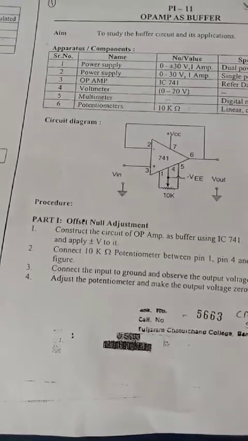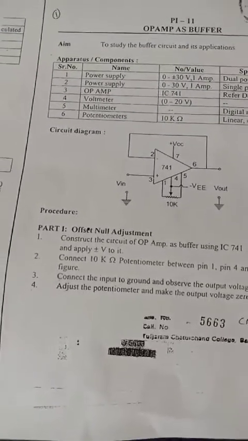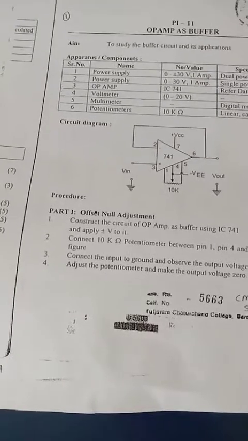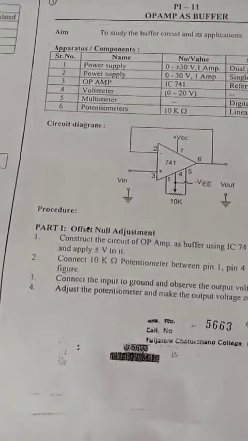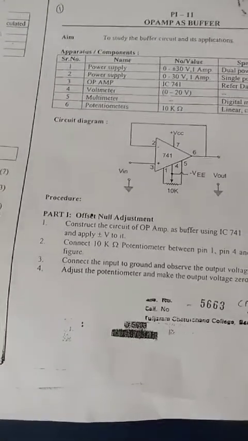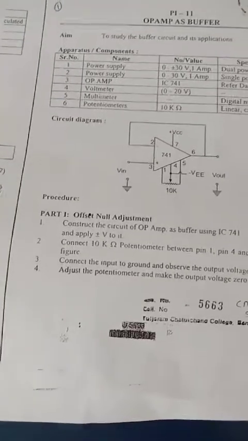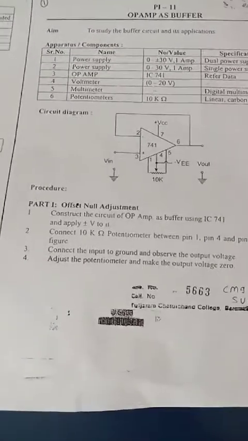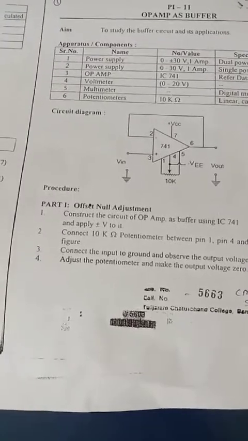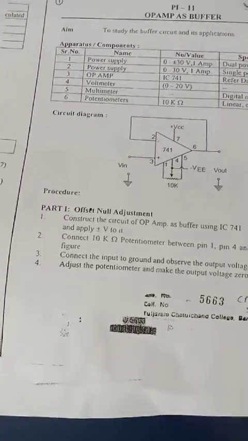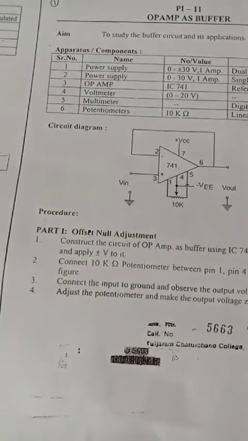Here IC741 is an operational amplifier and it is used as a buffer. Here RF is equal to 0, and actually this is a non-inverting amplifier. Buffer is actually a non-inverting amplifier.